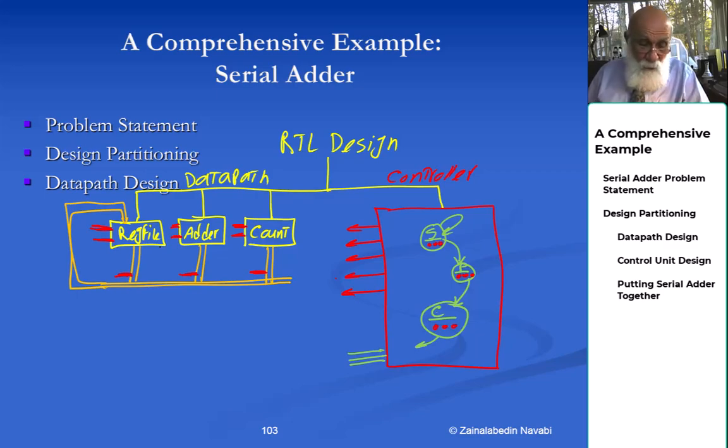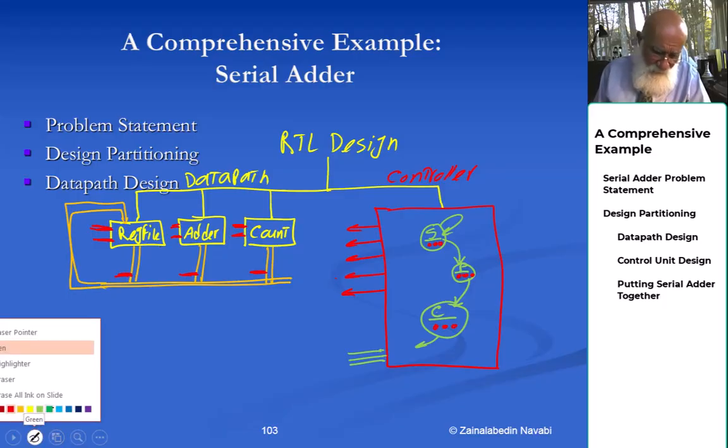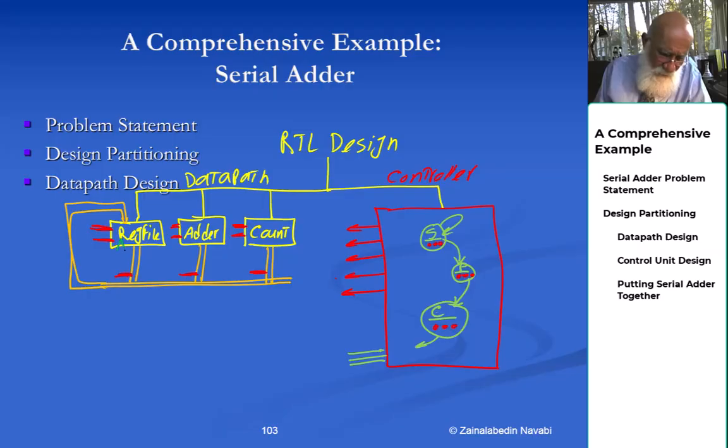The controller and the data path components both have the same clock. Okay, so if I have a clock, my register file, my counter, that clock is the same clock as my controller. I also have a reset. This is the clock. This is the reset.